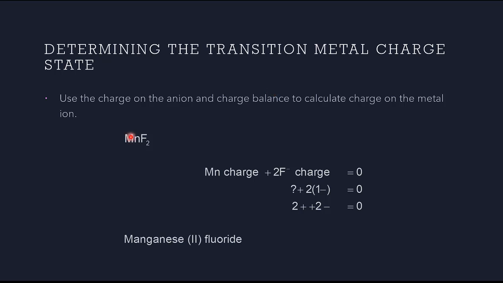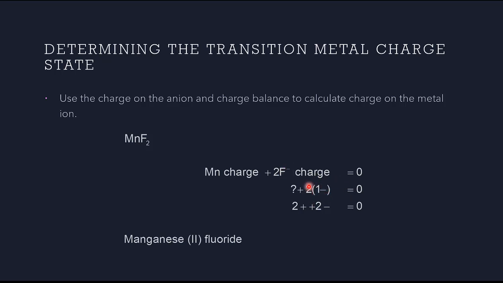So for example, if we're talking about manganese fluoride, if we're looking at the chemical formula, MnF2, well, we know that fluoride is only going to have one charge state. Fluoride being a group 7A element only needs one electron to satisfy its octet. So it's going to be a 1- charge right here.